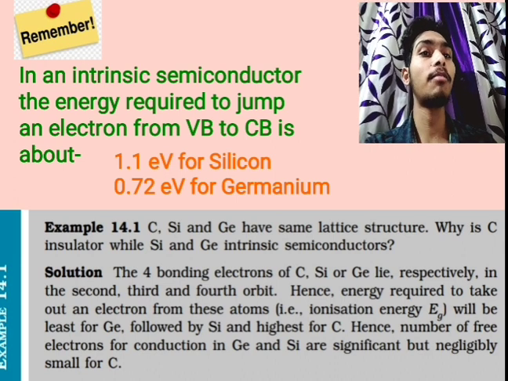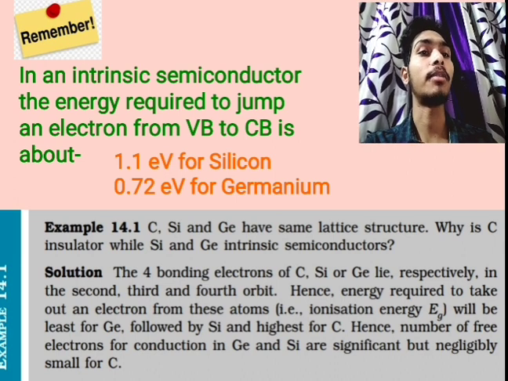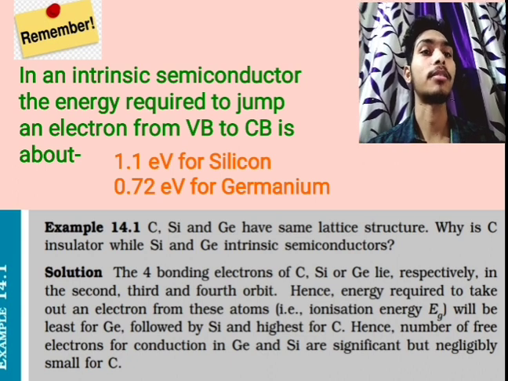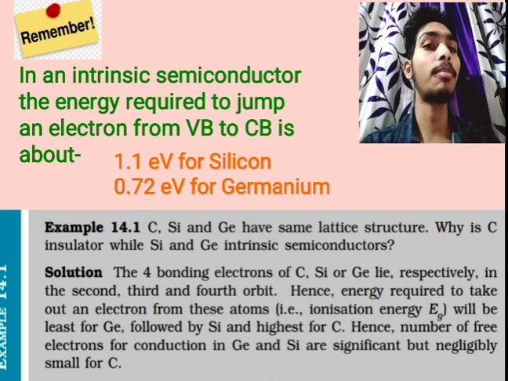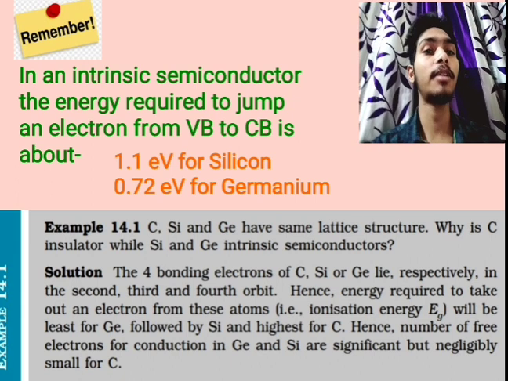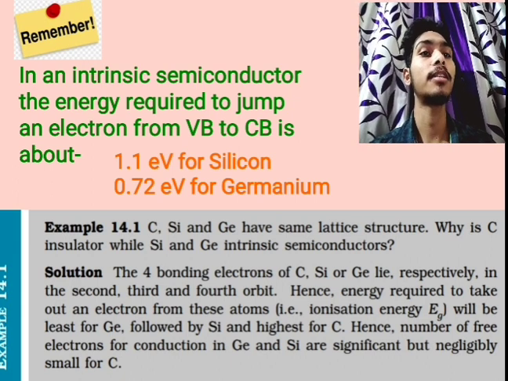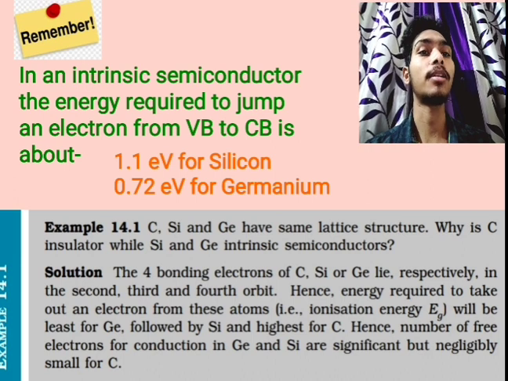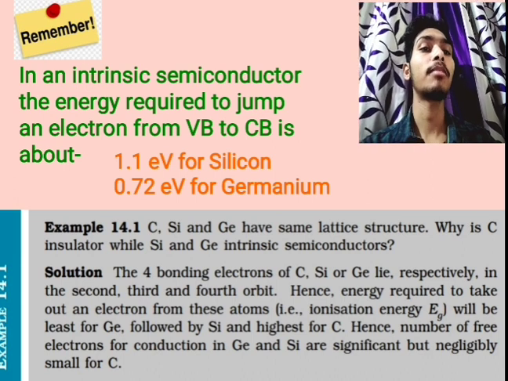So if we give 1.1 electron volt of energy, and the semiconductor is silicon, only then will it act as a conductor. Similarly, for germanium we have to give 0.72 electron volt, and then it will behave like a conductor. How do we give this energy? We give this energy thermally, I mean thermal energy, so we increase the temperature.